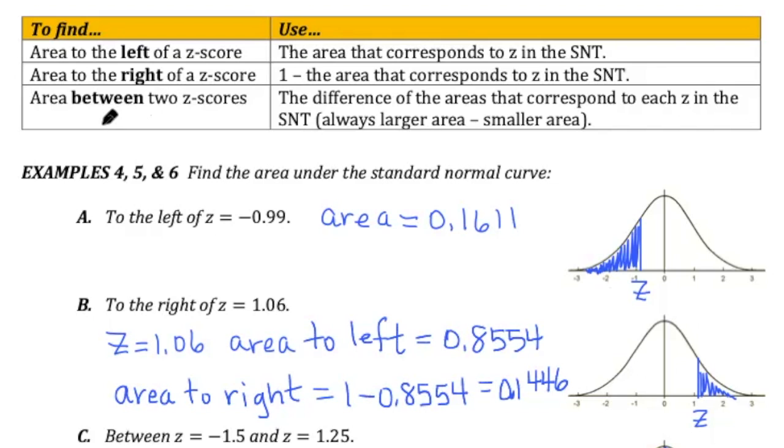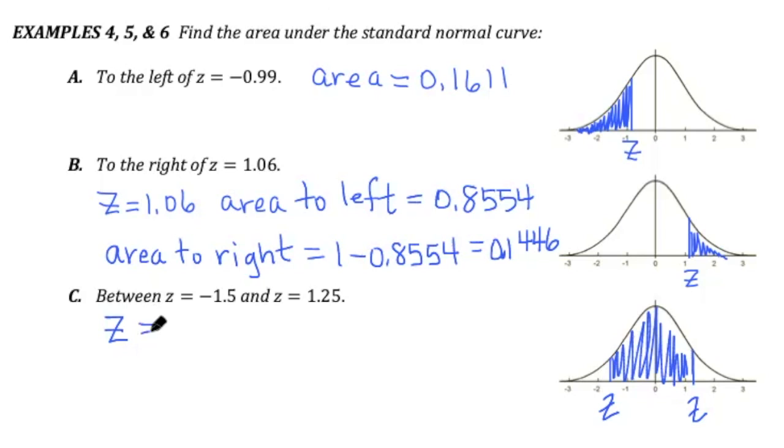So as it says in the table, to find the area between two z-scores, you're always going to use the difference of the areas that correspond to each z in the standard normal table, always subtracting the larger area minus the smaller one. I need to look up what the area is for these two z-scores. And you should be able to do that now. You may want to pause the video, try to do it, and then come back and see if you did it right.